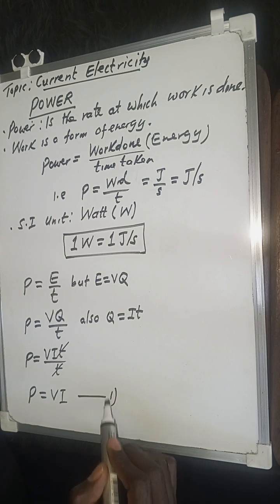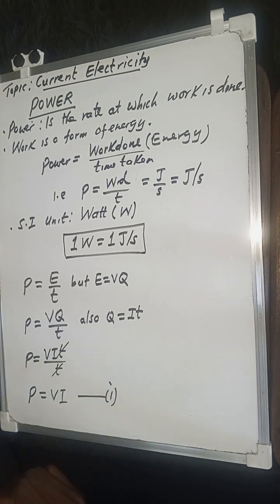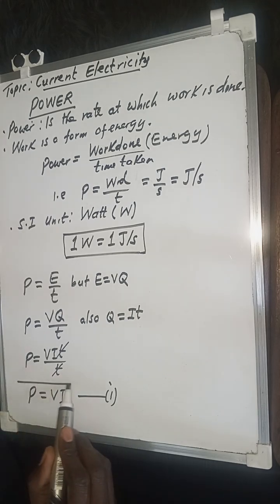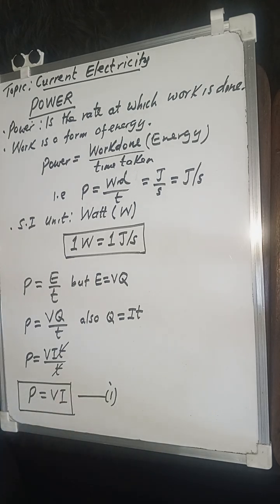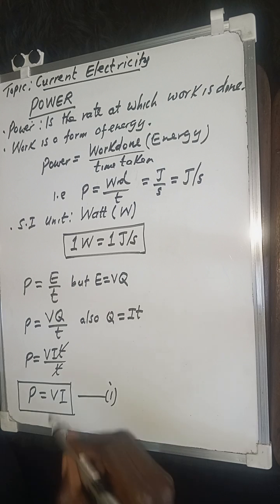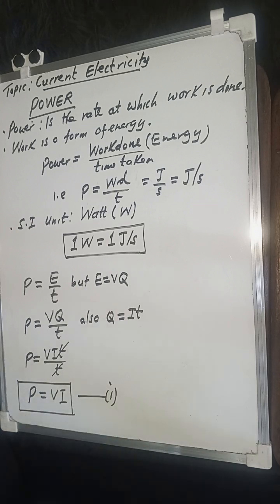This is another important expression that you can use in order to calculate power. So power can be given simply by the voltage multiplied by the current. So if you know the voltage and the current, it is possible for you to calculate power. All right, we can continue and look at this expression.